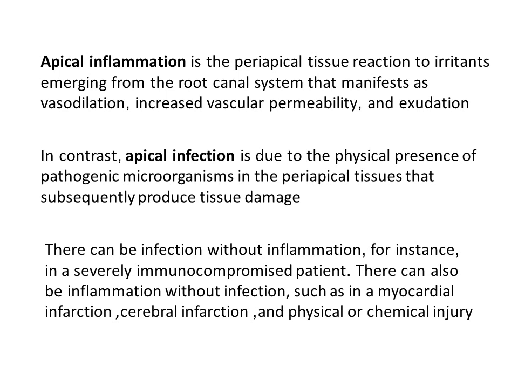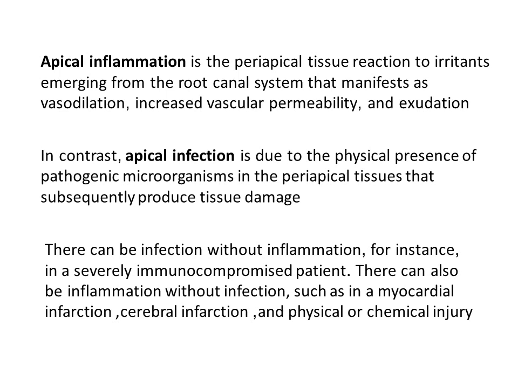The apical inflammation in the periapical tissue is just a reaction to the irritants that come out from the root canal system. How can I manifest that? By vasodilatation of the blood vessels, increased vascular permeability and the presence of exudates.